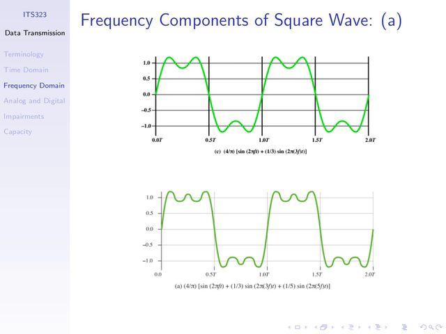We don't have much room, but we could plot that if we wanted to. 3 components. First one at a frequency of 1 megahertz. Second one at a frequency of 3 megahertz. Third one at a frequency of 5 megahertz.